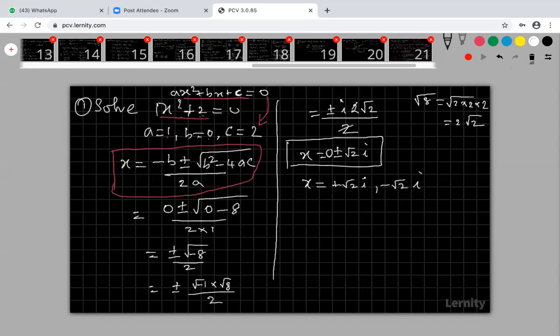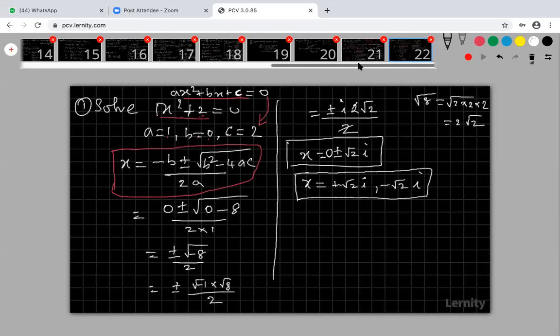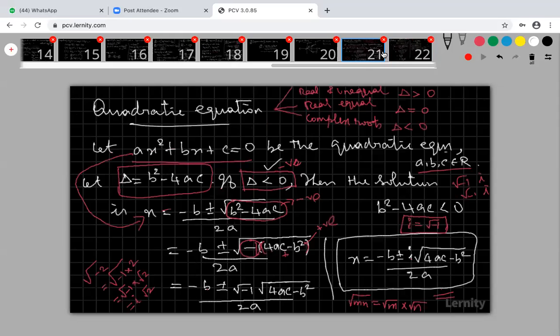Please try to understand another important point. The complex roots always occur in pairs. What does that mean, sir? Occur in pairs means if 1 plus 2i is a root, then 1 minus 2i is also a root.